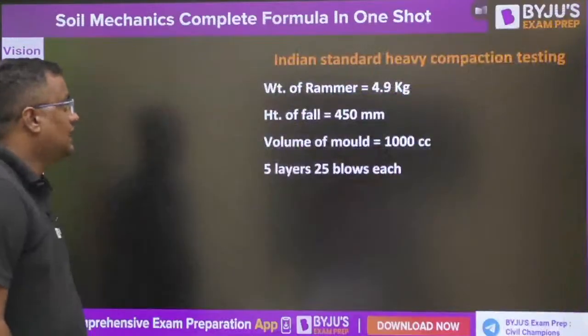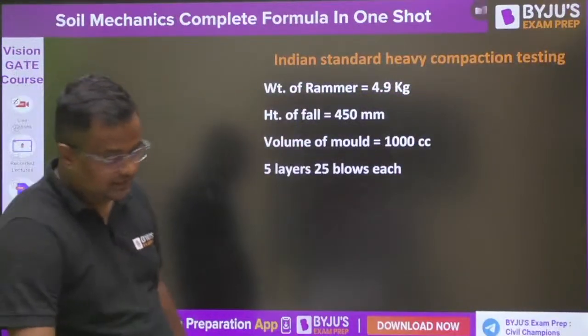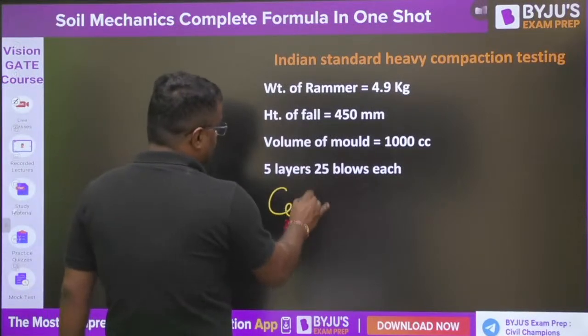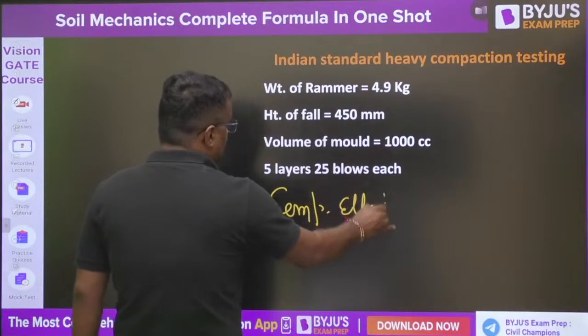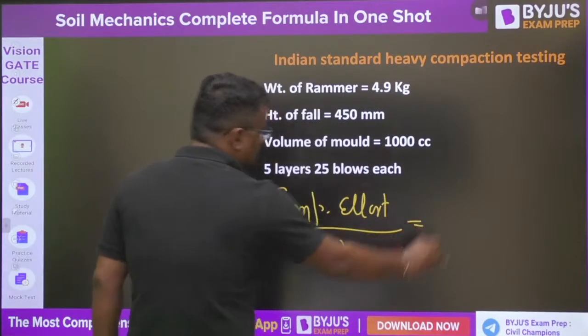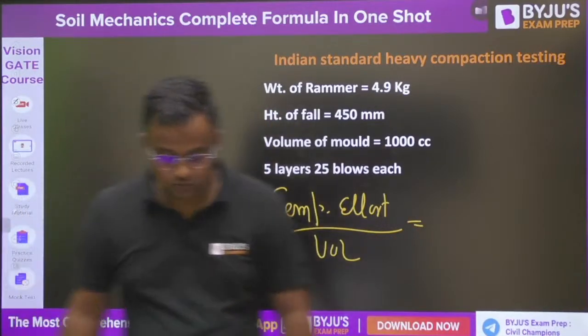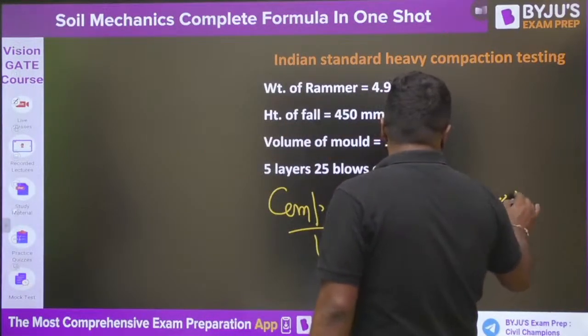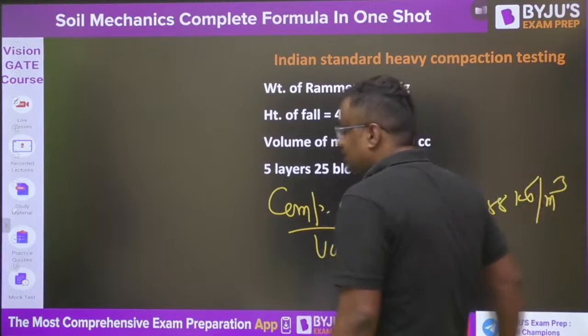Now the Indian heavy compaction test, again the values are given. Again here, if you find the compactive effort per unit volume, you will get the value as 2703.88 kilojoule per meter cube.